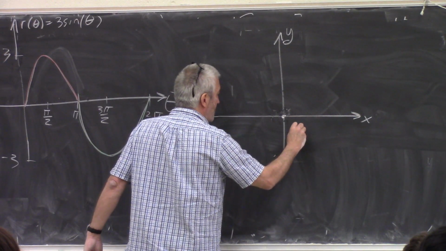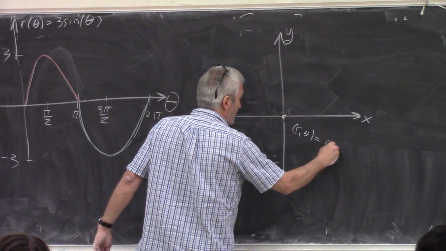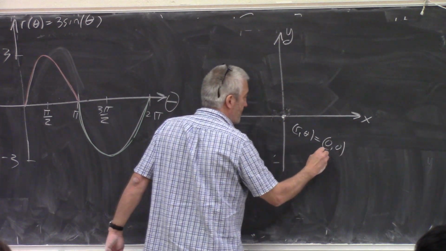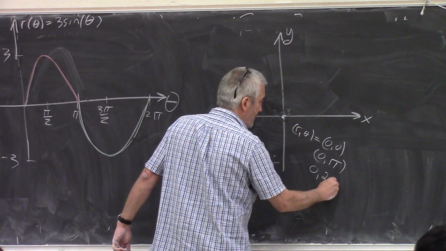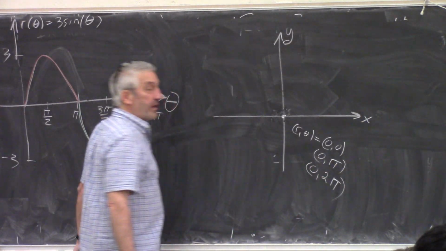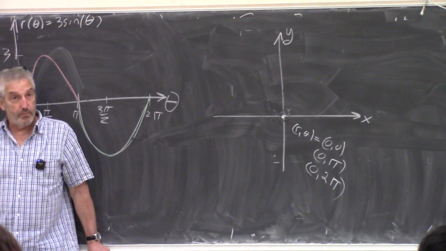This is going to be r theta equals 0, 0, or also 0 comma pi, and 0, 2 pi. We're going to go through that point 3 times. We're going to start there, we're going to end there, and we're going to be there midway.